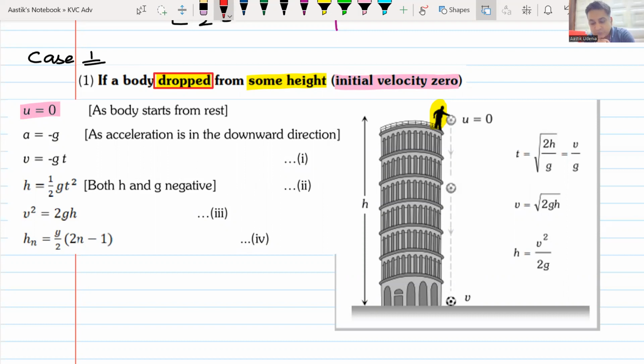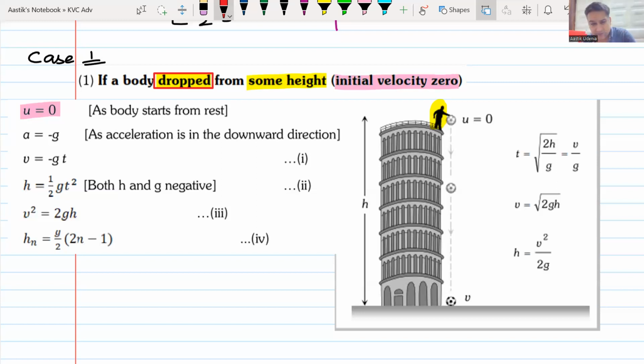If I drop it from a balloon, which is either going up or coming down, what will be the initial velocity of the stone? No idea? 0, sir? No, in that case, it will not be 0.